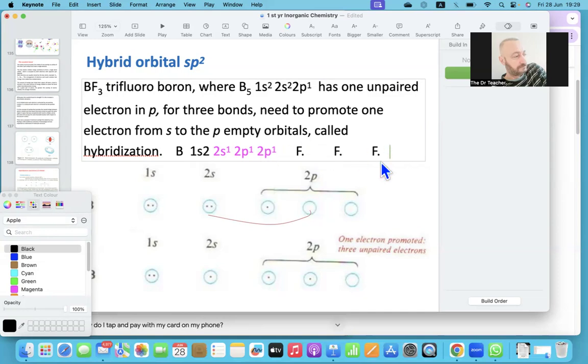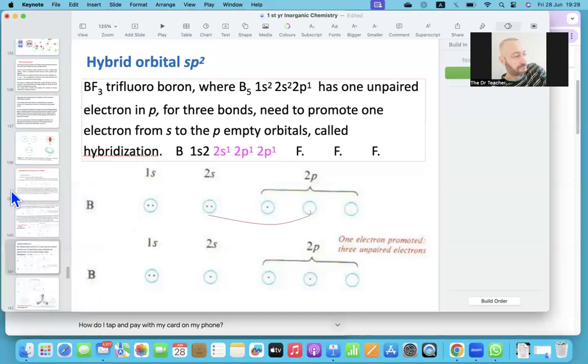Each fluorine will give 1 electron to the p here to form a single bond, the other fluorine with this p to form another single bond, and this F will share 1 electron with this s electron to form a single bond. So now what hybridization do I have? I have s, p, p. It means sp2. So the hybridization will be sp2.